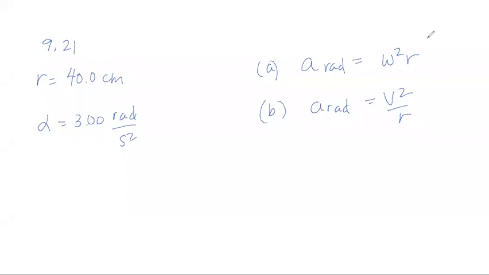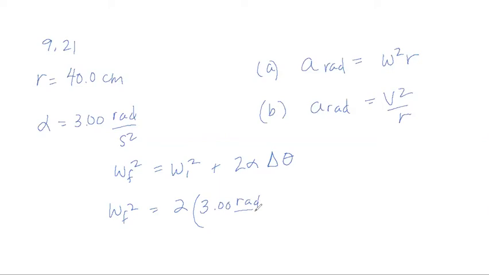Okay, so now we're going to find omega by this: omega final squared equals omega initial squared plus 2 alpha delta theta. And we are asked to find it for when the wheel completes its second revolution. So omega final squared equals 2 times alpha, 3.00 radians per second squared, times delta theta.